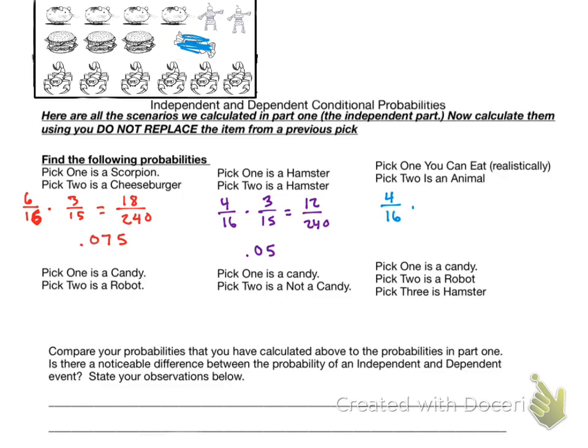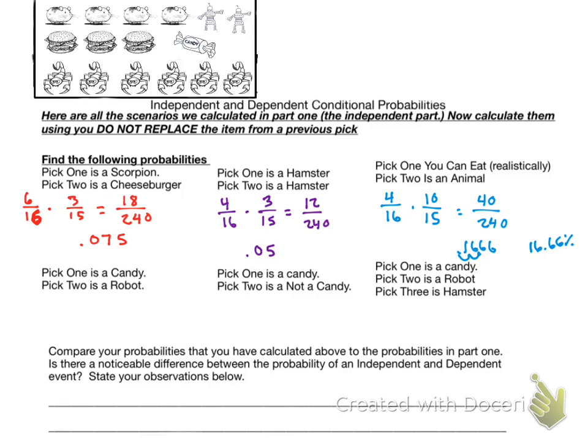Animals are now 1, 2, 3, 4, 5, 6, 7, 8, 9, 10. 10 out of, now the sample space is 15 because one of the edibles is gone. So this gives us 40 out of 240, which is 0.1666, and that's going to go on forever. And remember, you can change these to percents, move the decimal twice, 16.66%.